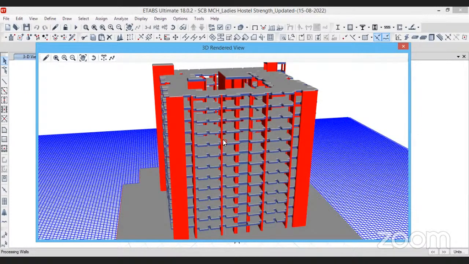This model goes to the structural department. The structural department designs the structure based on the applied loads. After taking the design loads, they will analyze it, check the sizes, fix the sizes, and put in the reinforcement and everything.